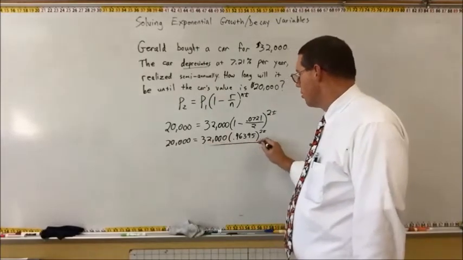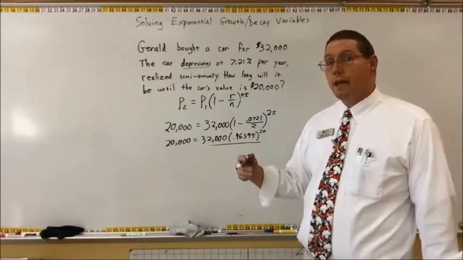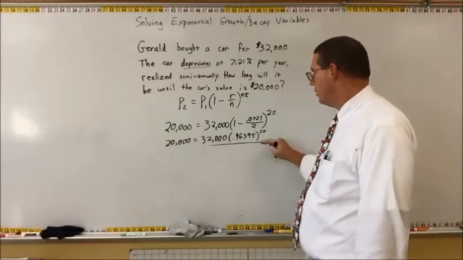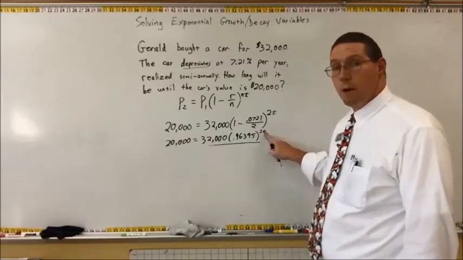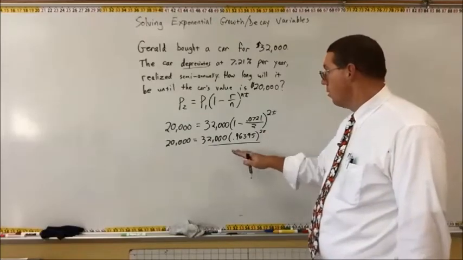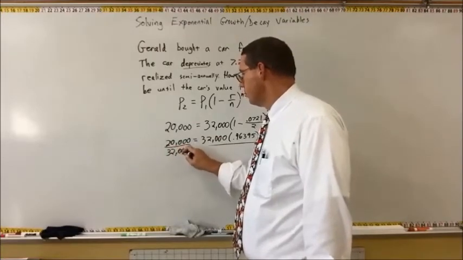Remember what we did last video, when we solved exponential equations? That's basically what we have here, an exponential equation, because the variable we're trying to solve for is in the exponent. And so we're going to have to use a logarithm, right? So divide by 32,000 on both sides.